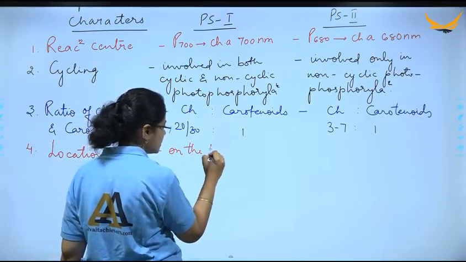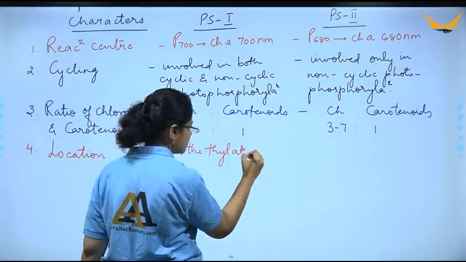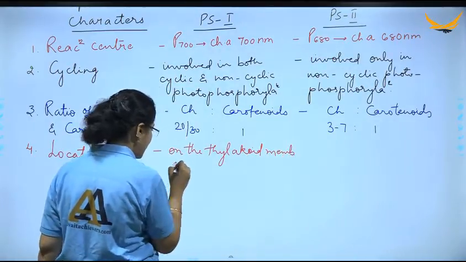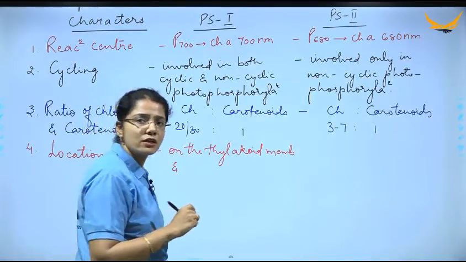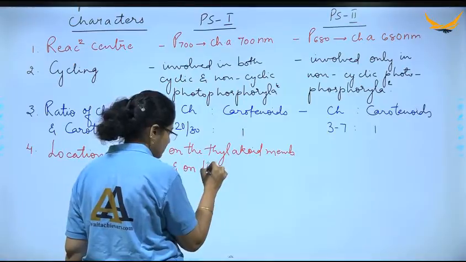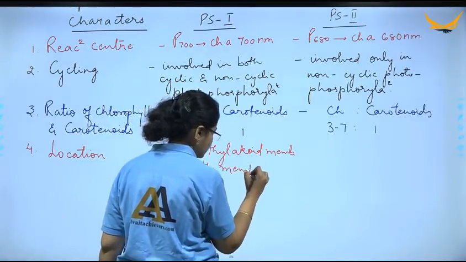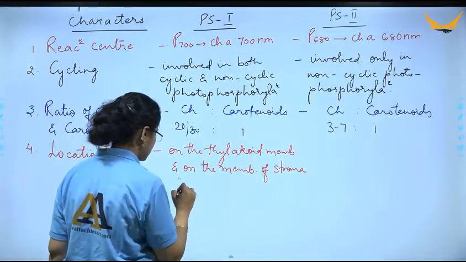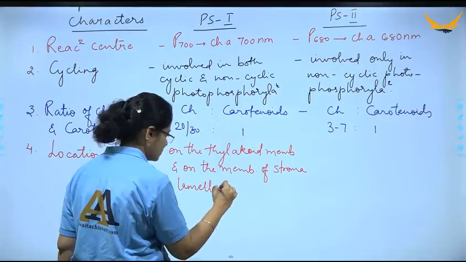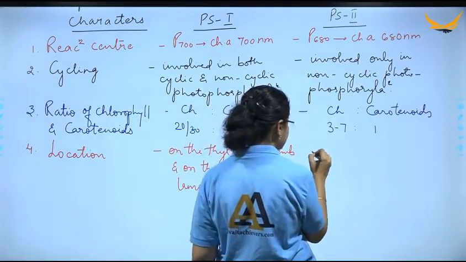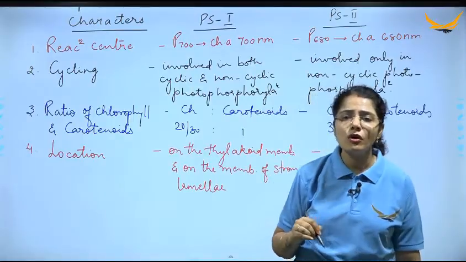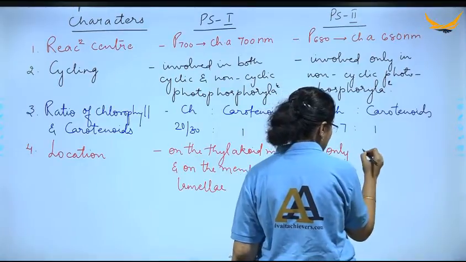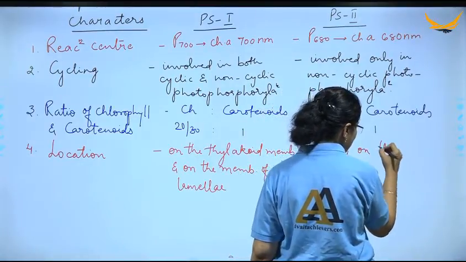On the thylakoid membrane and on the membrane of stroma lamellae. Whereas PS2 is located on the membrane of thylakoid only, or you can say only on thylakoid membrane.